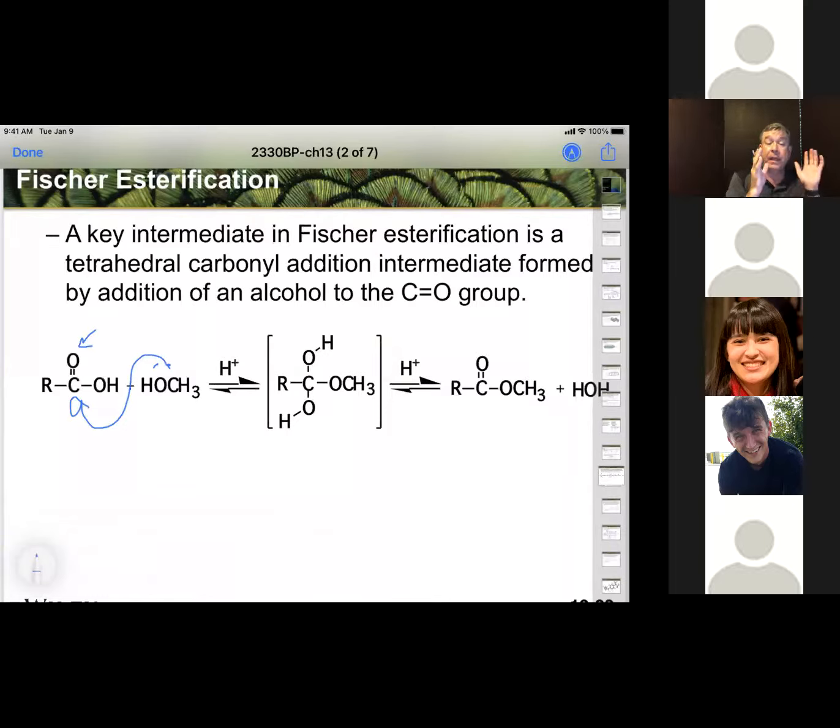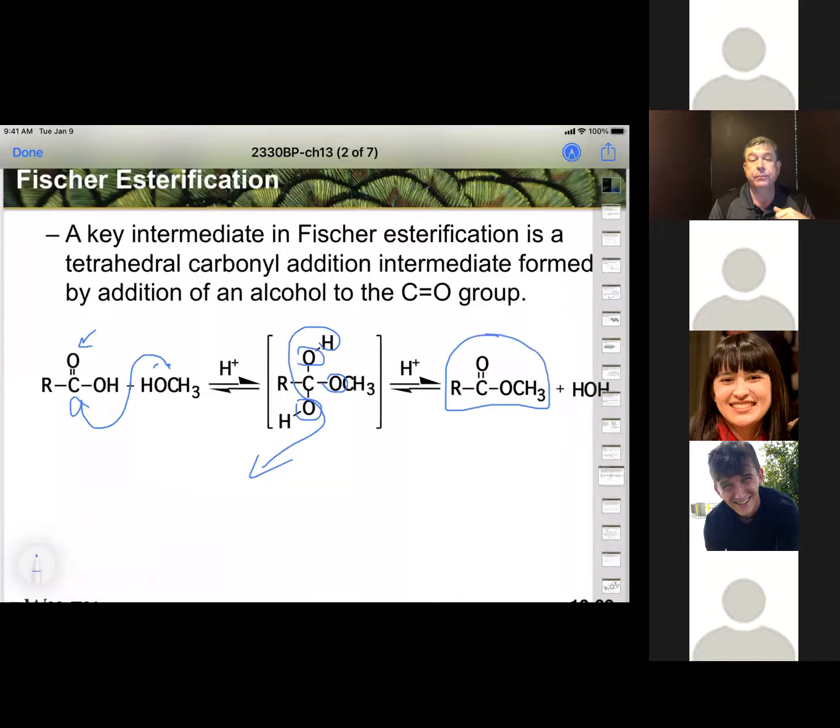We go from that sp2 hybridized carbon to an sp3 hybridized carbon, but notice it has 3 oxygens around it. Okay, so that is not really stable, and what's going to happen is that one of the hydrogens and one of the OHs is going to leave, regenerating our carbonyl compound. So that's the driving force, is to reform that carbonyl compound, which is more stable, and get rid of a small neutral molecule.